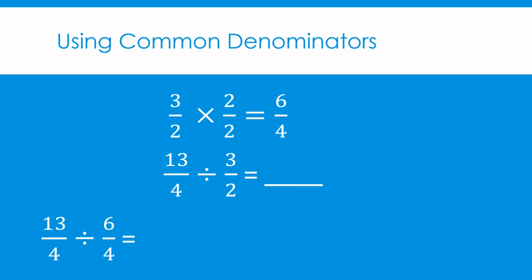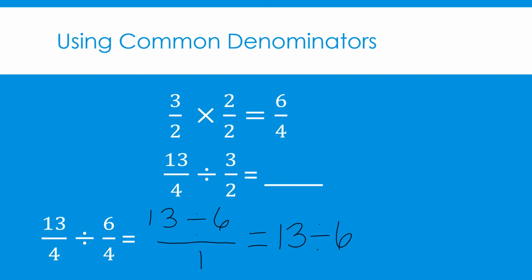Now that the denominators are the same, I can divide across the numerators. 13 divided by 6. We know that any number divided by itself is 1. When we have a fraction with a denominator of 1, we can rewrite the fraction as the numerator, 13 divided by 6.